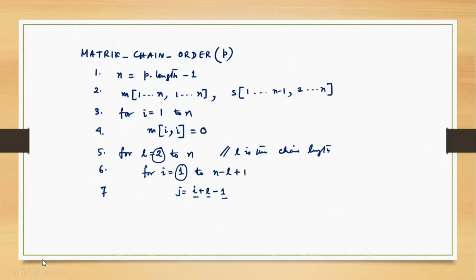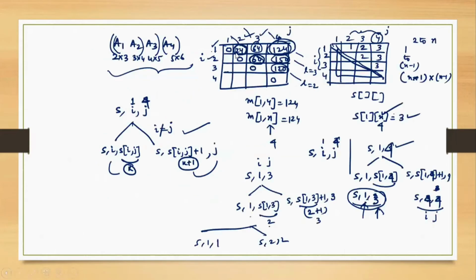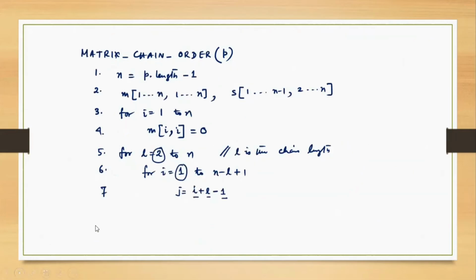So this cell is i=1, j=2, which holds 24. Then i=2, j=3. How does it come? Go back. i is now 2. 2 plus 2 is 4, minus 1 is 3. So i=2, j=3. In this way, you can find the different values of i and j.